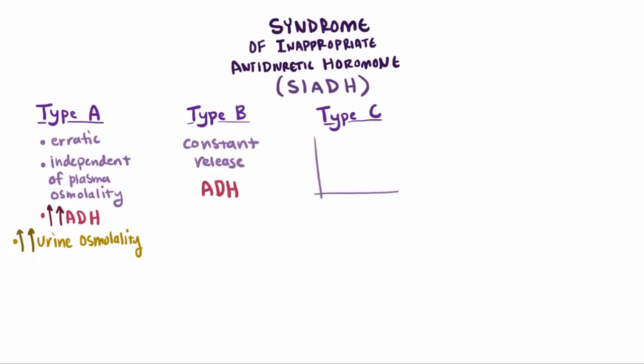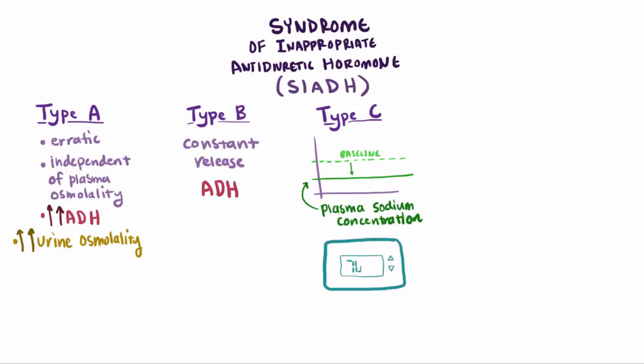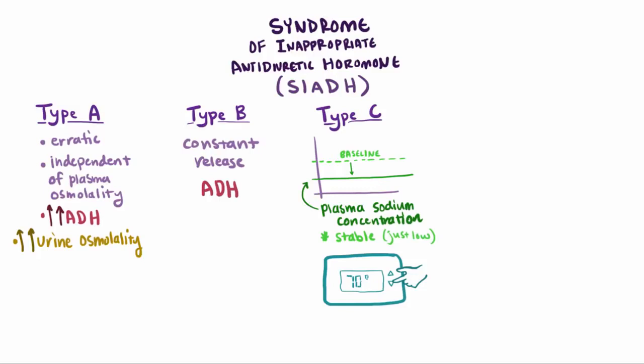In Type C, the baseline plasma sodium concentration level is set lower than normal. It's like you turn down the thermostat in your house to a new lower level. This type is particularly unique because the plasma sodium concentration is stable, unlike other SIADHs where it would continue to fall. And type D is the least common type of SIADH where ADH secretion is completely normal, yet urine osmolality is still high.